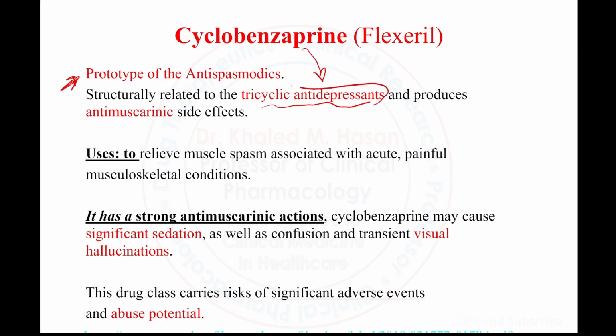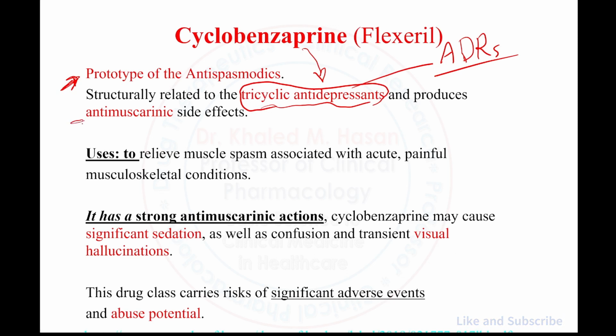of medication that carry a lot of side effects, ADR, such as effect on the alpha receptor, muscarinic receptor, and histaminic receptor. So cyclobenzaprine, prototype number one, antispasmodic. This medication's structure is related to the tricyclic antidepressant. What else?